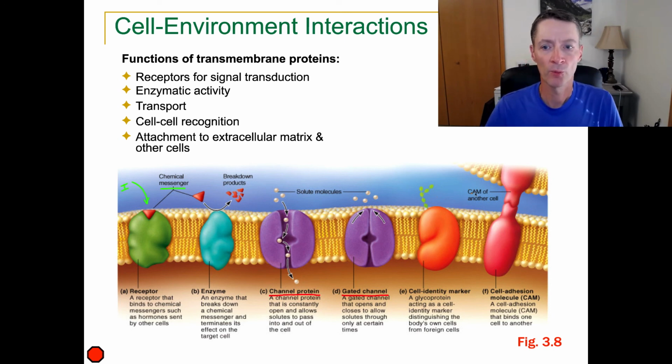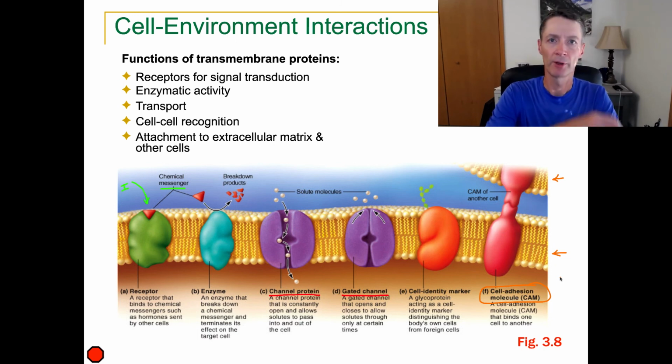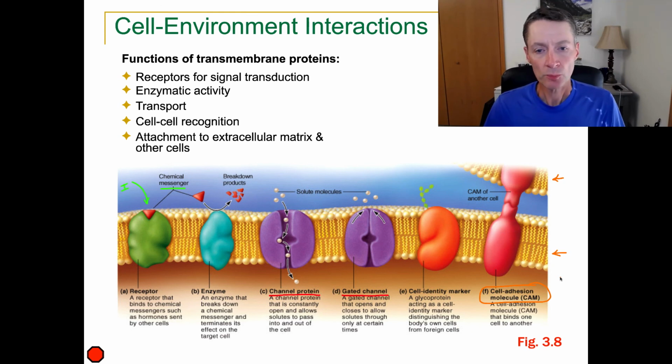But this would be some form of cell adhesion. Okay, we'd have a cell adhesion molecule for attachment to one another, like you see here, or maybe cell attachment to some kind of other proteins that exist underneath the skin to keep your skin from bubbling right off and peeling off, right? So lots of different protein functions.